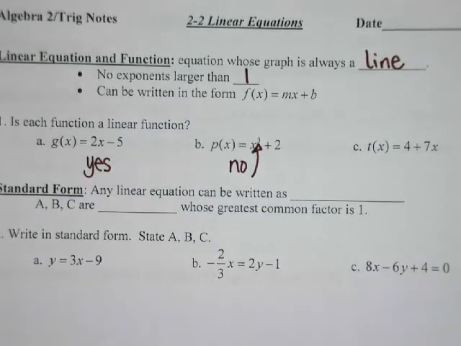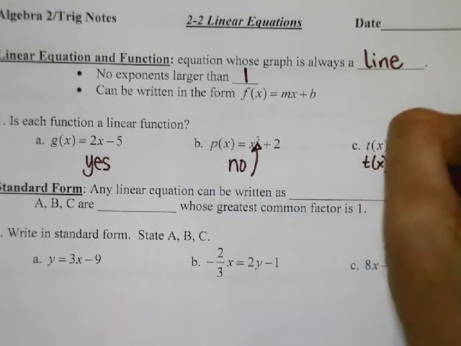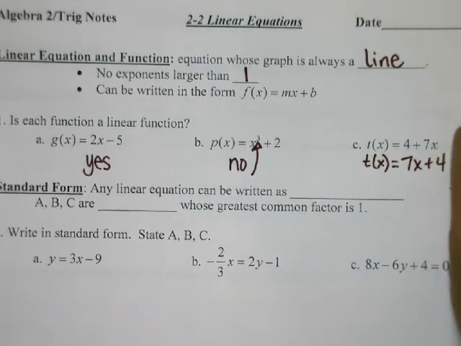T of x equals 4 plus 7x. Yeah, that's okay. It's just in a different order. The stuff that we skipped talked about all of those properties of addition and multiplication. That's the commutative property that says I can do it in any order I want and it's still the same thing. So technically this guy is still in the form 7x plus 4, right? So it's okay.